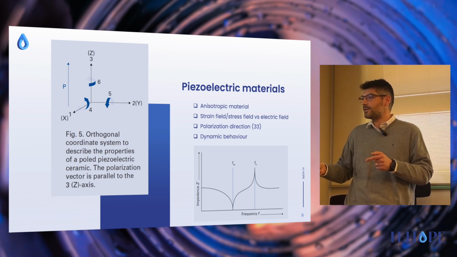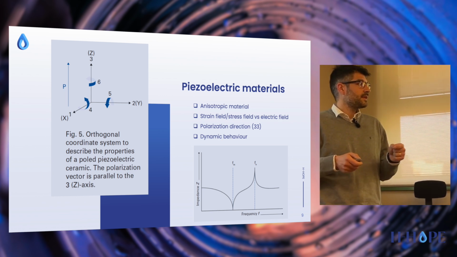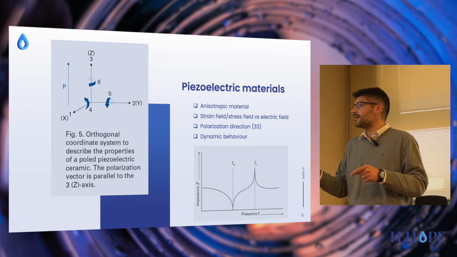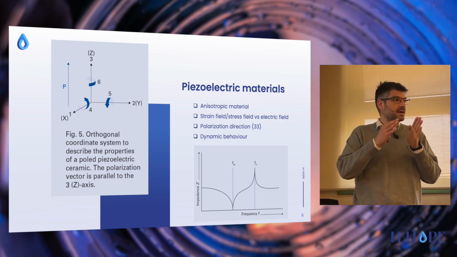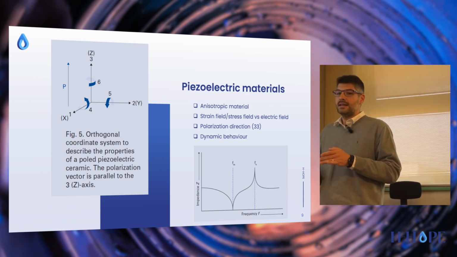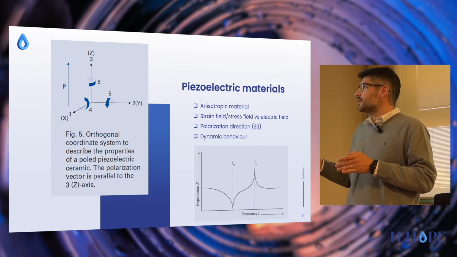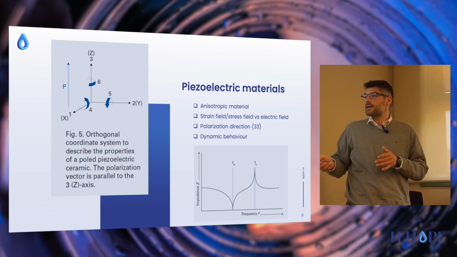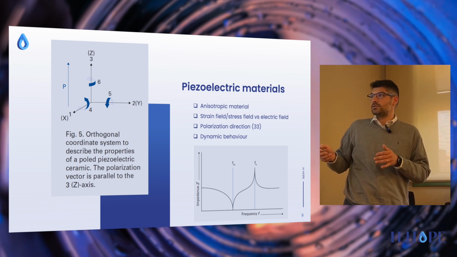There is a frequency where this internal impedance is as low as possible, and then there is another frequency, very close to this first one, called the natural frequency of the piezoelectric patch or the piezoelectric material, where the impedance is as high as possible.